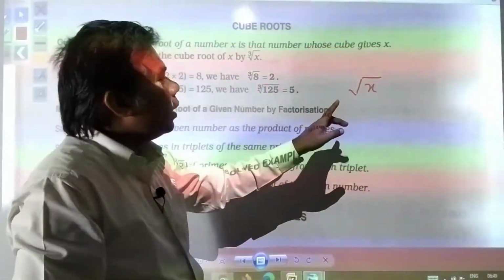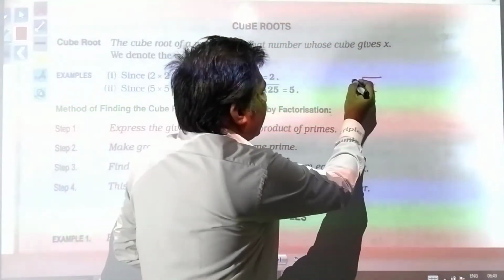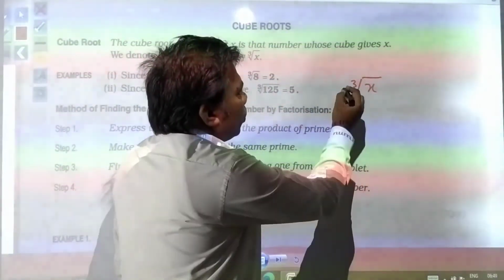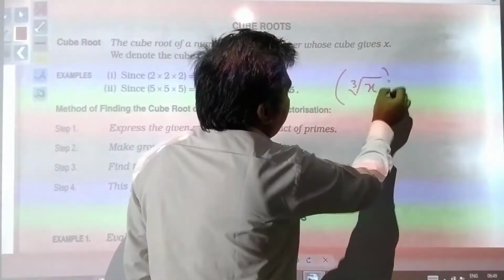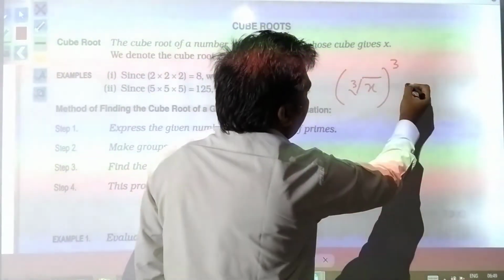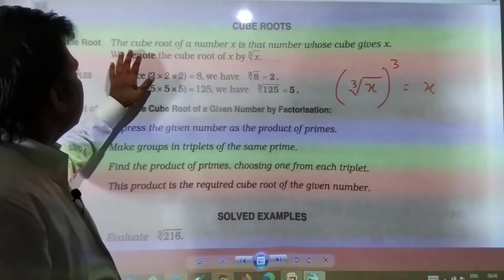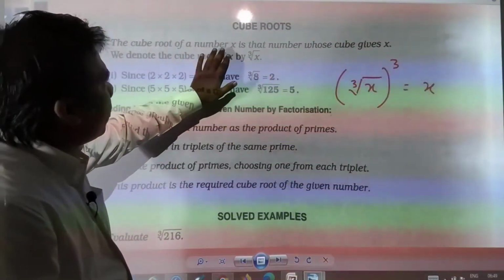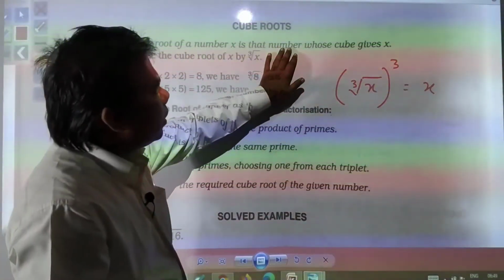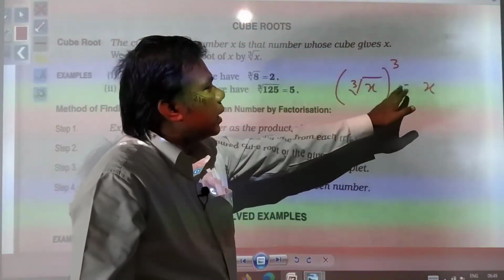What does it mean? If you have the cube root of x, then the cube of this number will give x. That is what the definition is saying.